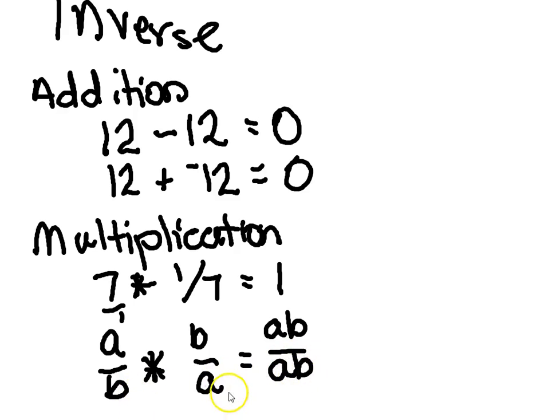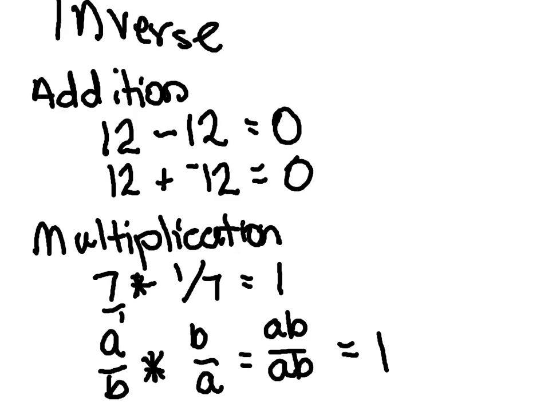Because by the commutative property, I can move these guys around. So this BA is the same as an AB, which is a 1. So hopefully you're beginning to see that these properties are actually fairly useful in our process of doing math, even though we don't spend a whole lot of time on them in this particular class.